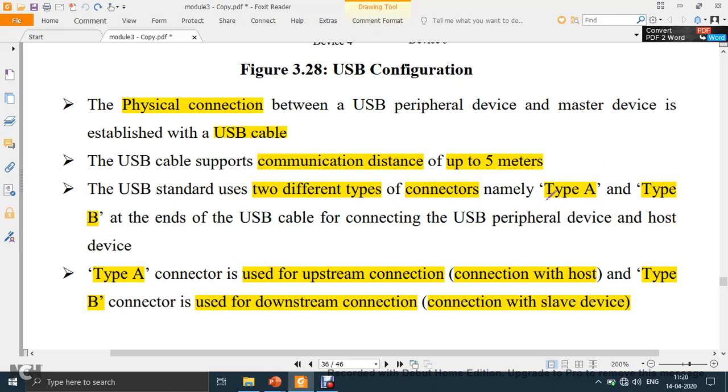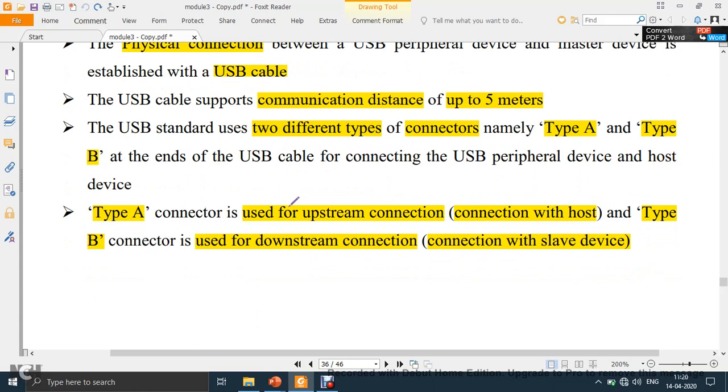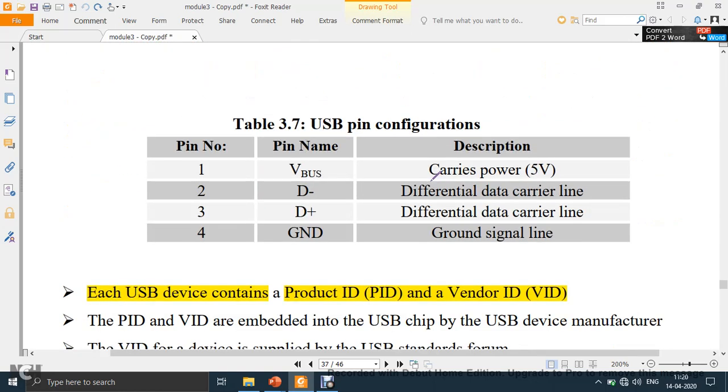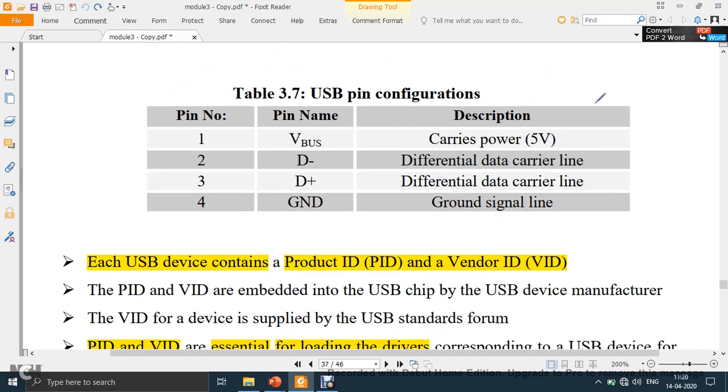There are two types of connectors, type A and type B. Now there are various other types as well. Type A is used for upstream connection with the host, and type B is used for downstream connection with the slave device. USB uses 4 pins because it is a 4-wire communication.